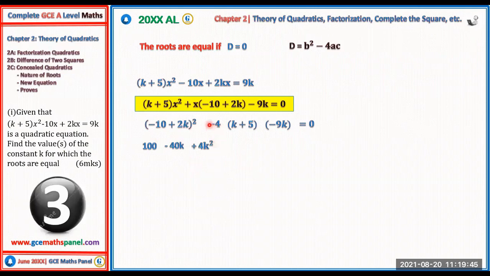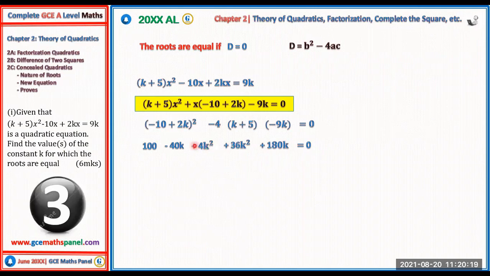In fact, when you expand all through, this is what you obtain. So minus 4 times k is minus 4k, times minus 9k is plus 36k squared. Minus 4 times plus 5 is minus 20, times minus 9k is plus 180k.